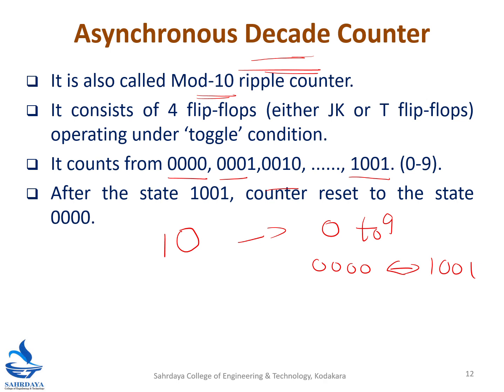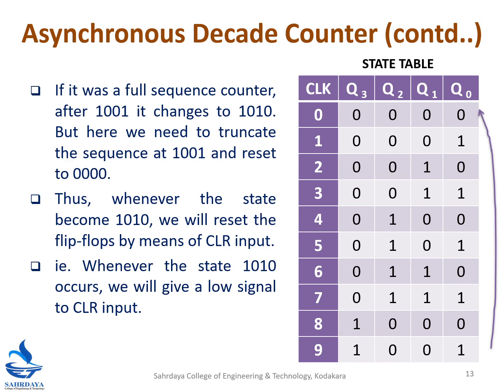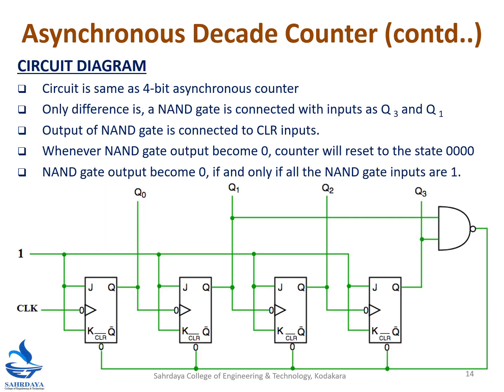Then how it is limited to the count 9, we are going to discuss. The different states of a decade counter or mode 10 counter run from 0000, 0001, up to 1001. This is the state table for the decade counter, and the circuit diagram is just like a 4-bit up counter.